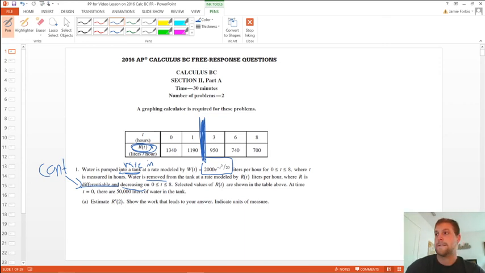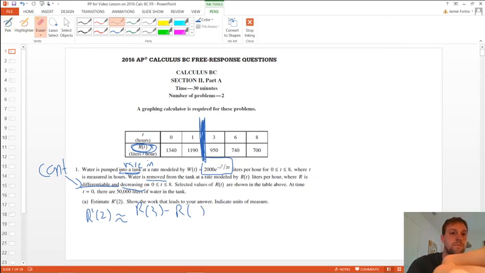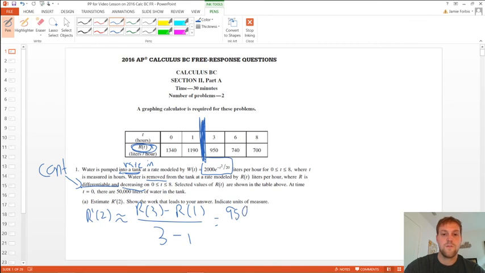So R prime of 2 is approximately equal to R of 3 minus R of 1, I apologize, over 3 minus 1, which is 950 minus 1190 over 3 minus 1, which comes out to be negative 120.